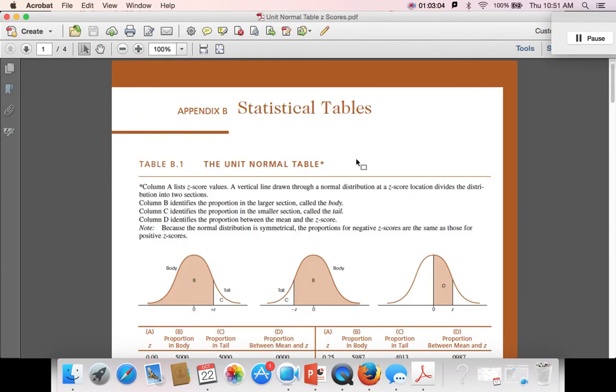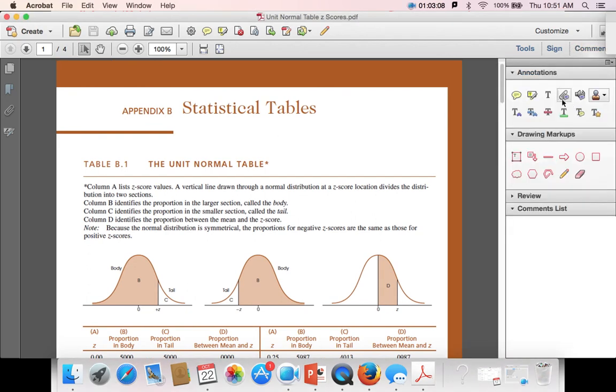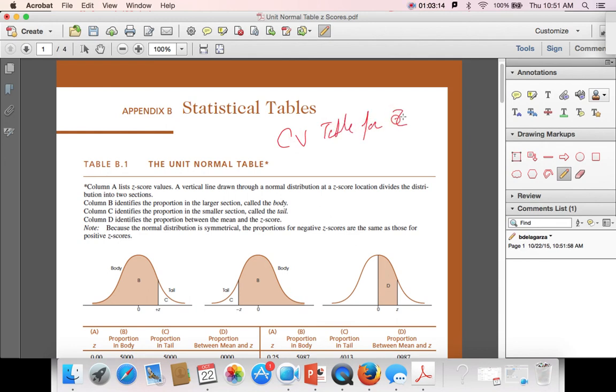This unit normal table becomes my critical value table for Z in this particular case.